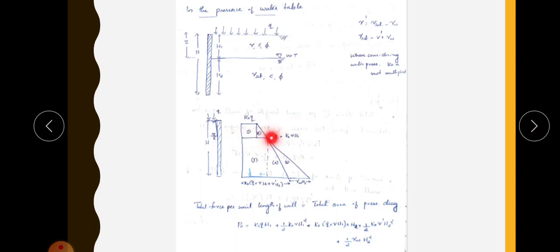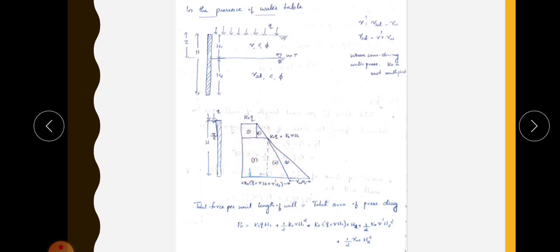So this will be constant for the depth h2, and the variation is a rectangle up to this point. You produce this line like this and draw a rectangle. The value at this point is K naught into Q plus K naught into gamma into h1, and it is the same at every point here, so the variation is a rectangle.